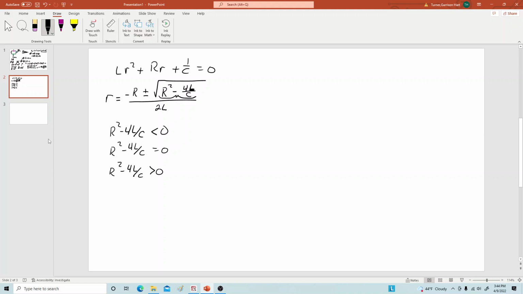And so this is what we call underdamped. This is what we call critically damped. And this is what we call overdamped.